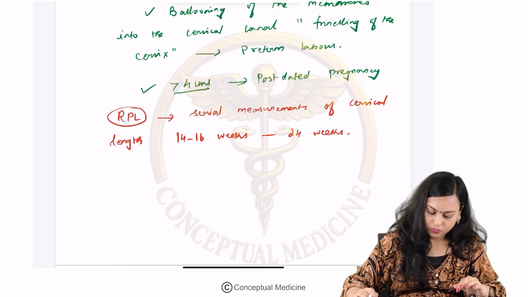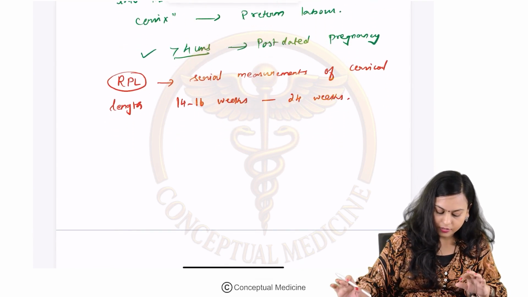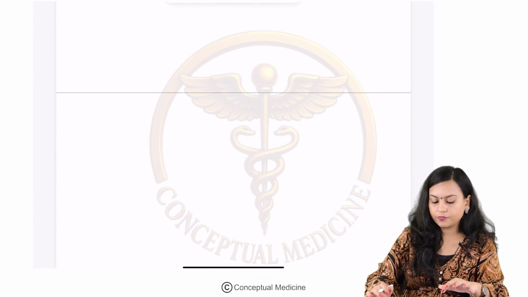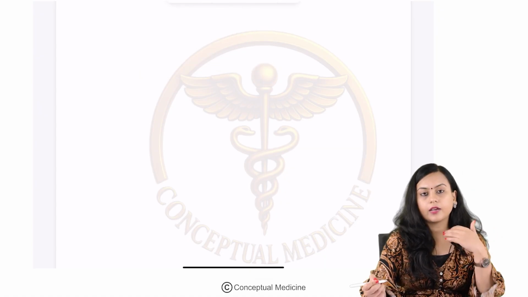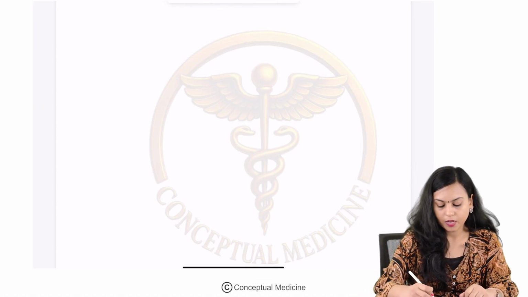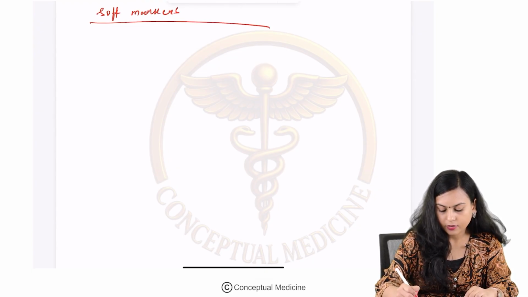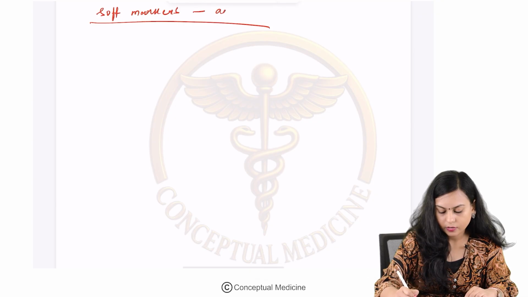Clear? So, measuring cervical length is one of the most important aspects of doing your second trimester ultrasound. Now, here I also want to talk about the soft markers of aneuploidy that you will be able to make in the second trimester.